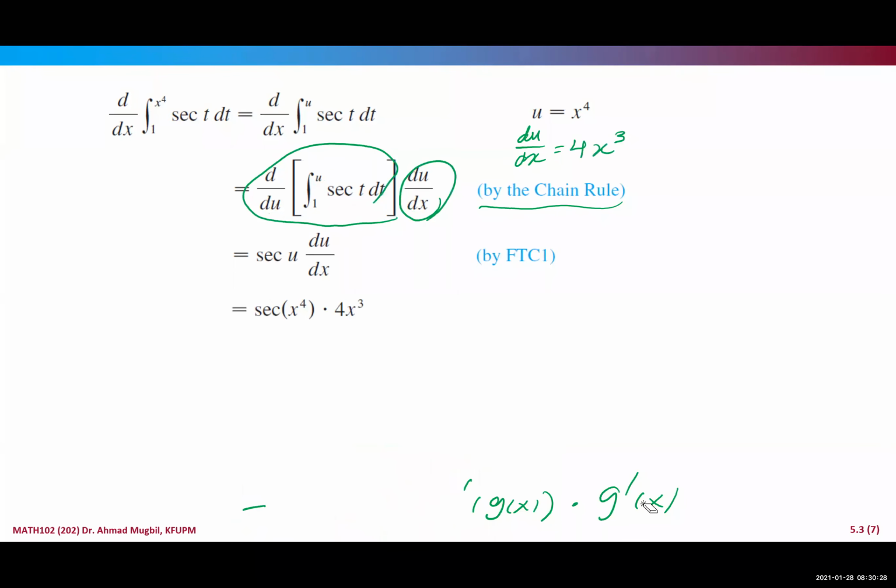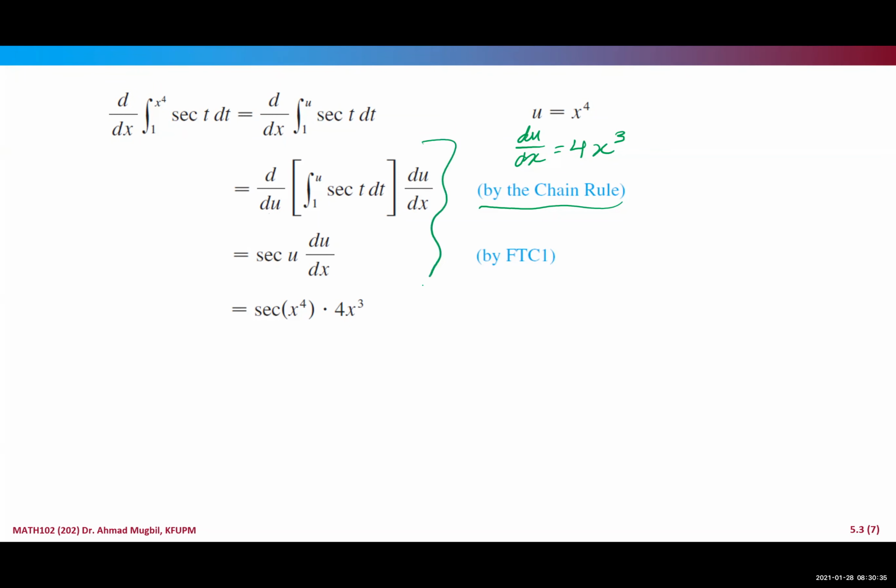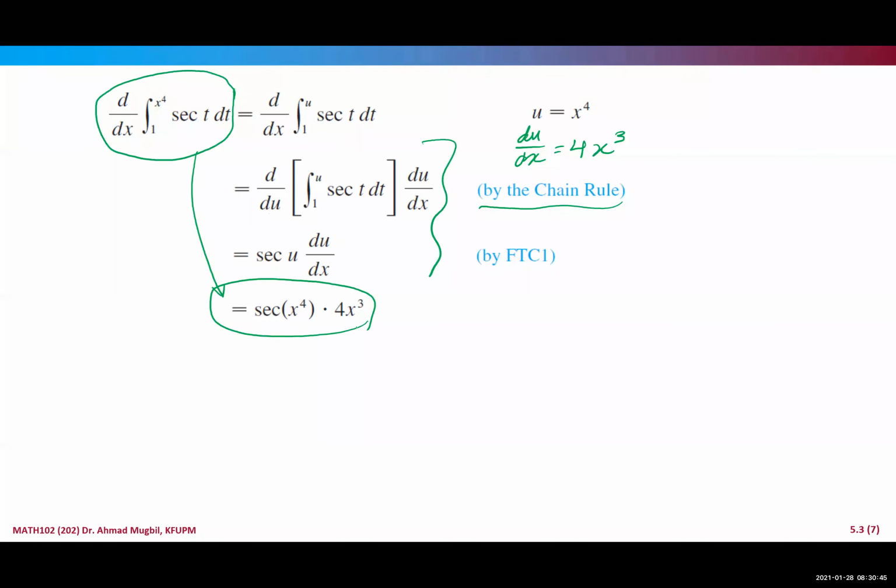So to summarize, what we conclude from this: you can do this every time, no problem. But if you notice, it was easy from the beginning. Look what we did. If you compare this with the beginning, we just take secant t and, instead of t, we replace t by x to the power 4, and we multiply by the derivative of this.